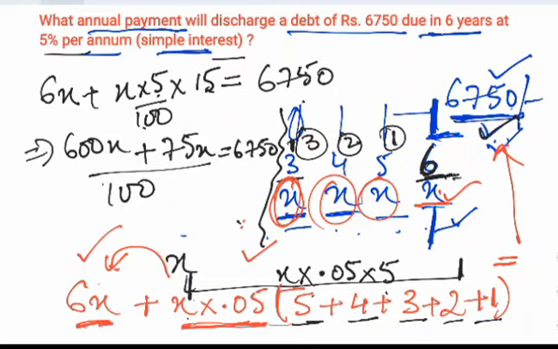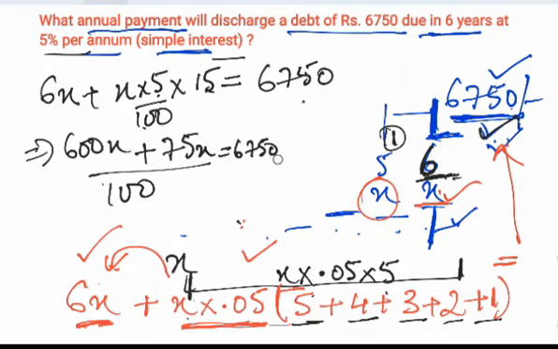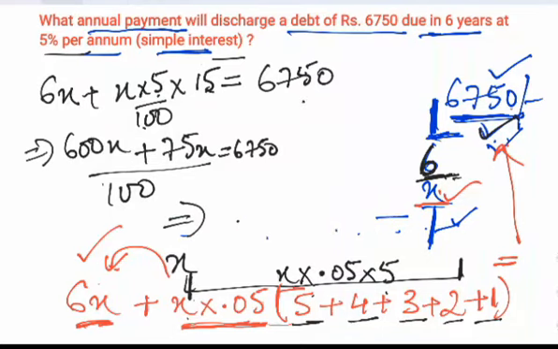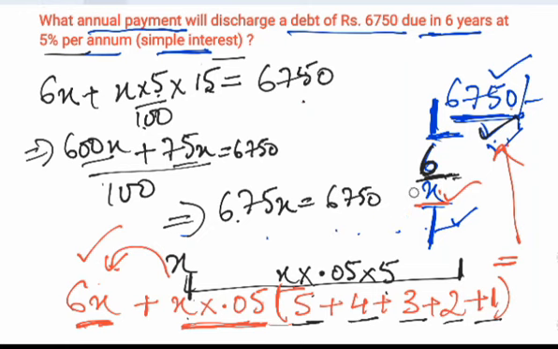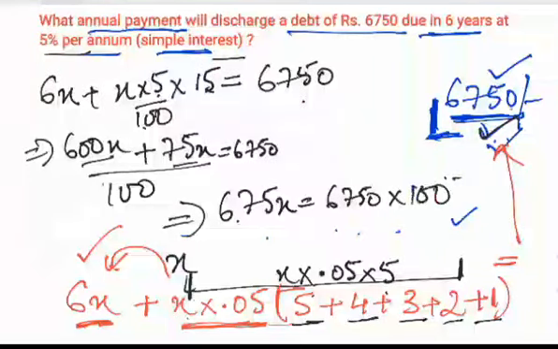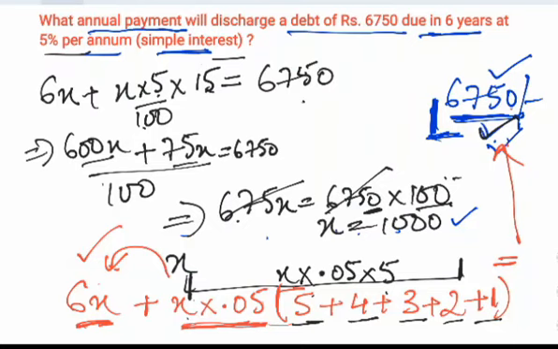So what we get is 600x plus 75x, that is 675x, equal to 6750 into 100. So the 675 gets cancelled and x comes out to be 1000 rupees.